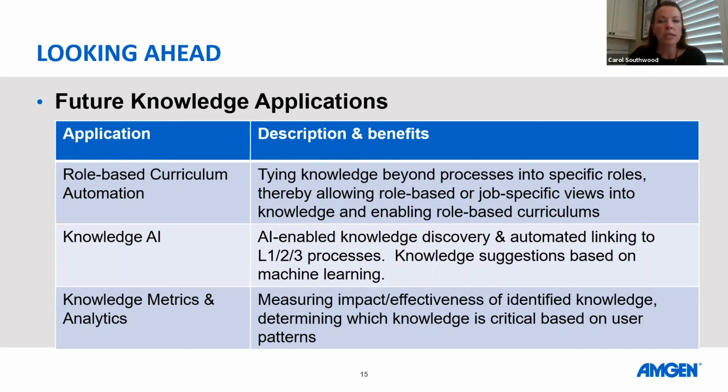And then, of course, automated linking is something that we want to do. We've gone through the heavy lifting of knowledge mapping and building relationships between those knowledge assets and the process areas. But as those things get uploaded into SharePoint, we want to know how they might connect. So we want suggestions back based on machine learning.